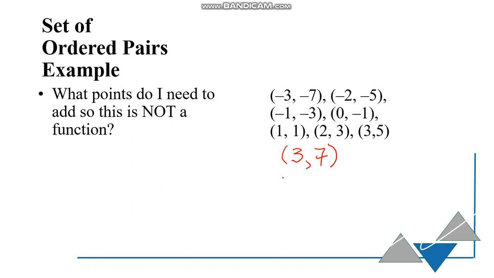It works for anything. If I add a point -2, 10, all of these make it not a function because now I've got the same x value listed twice, because I'm assigning it to two different y values.